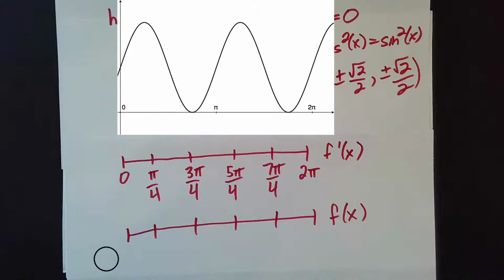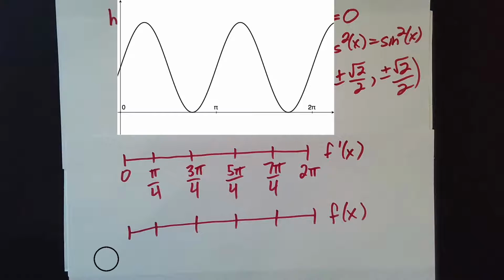Okay, so here's the graph of this function, and I want to make this line up with my number line here. So again, I'm supposed to have my little critical numbers here at these points.